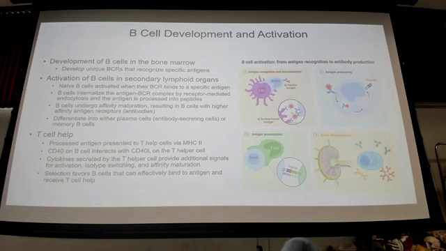It will try to find minute, small differences that improve the affinity to the antigen even more. That's affinity maturation. So it's like the very best of the best binders are selected for at the end of that process. And those end up being the B cells that become plasma cells, secreting antibodies, or memory cells.